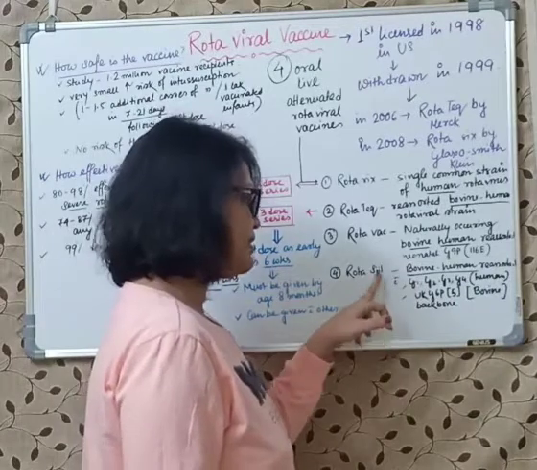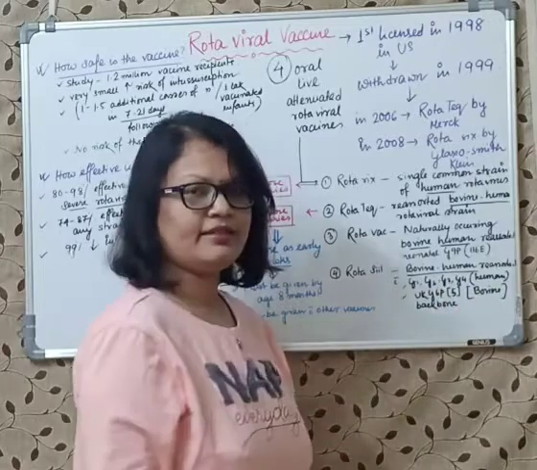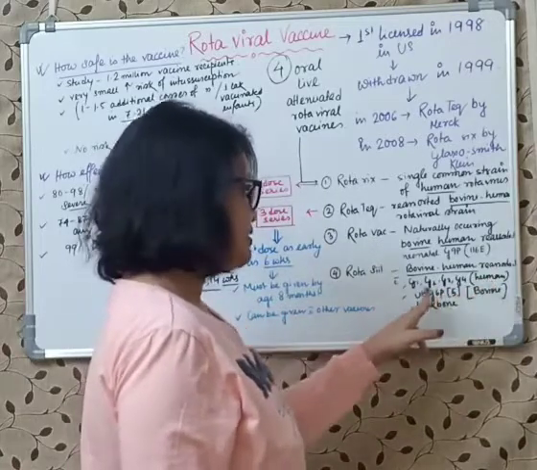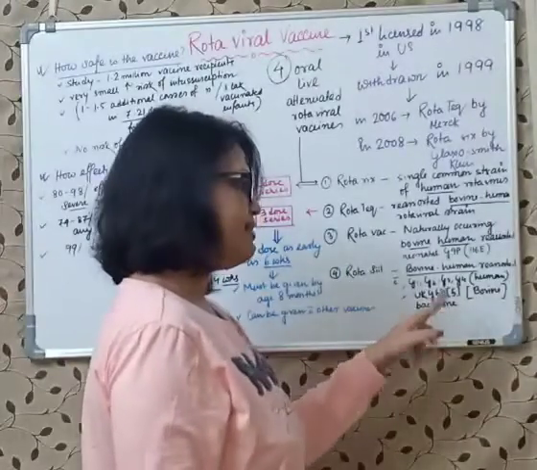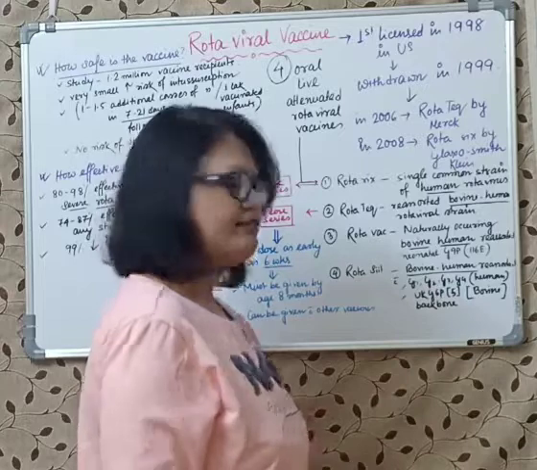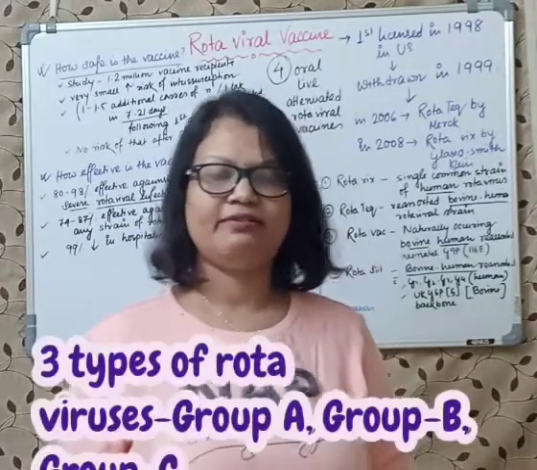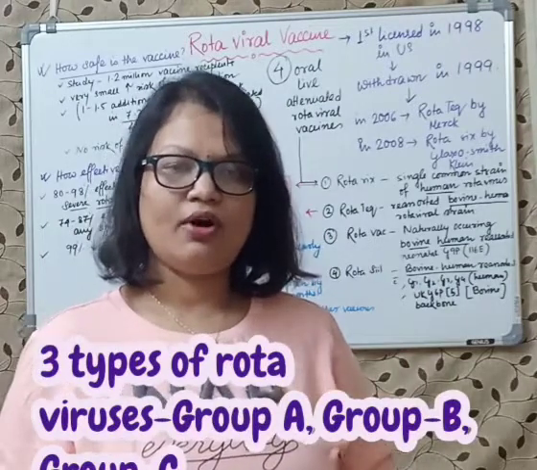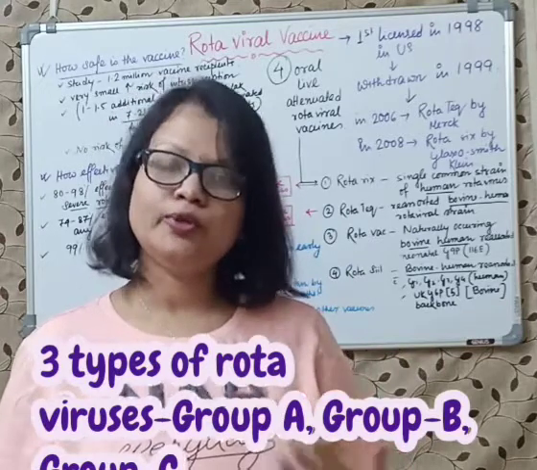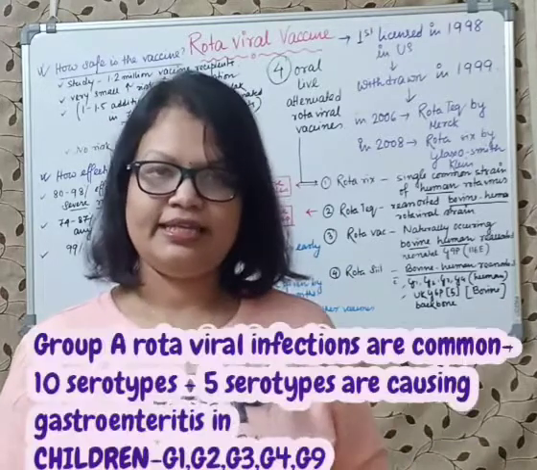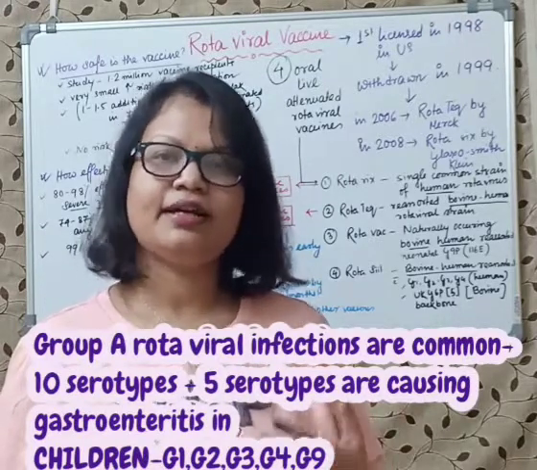Now coming to Rota-Sil. Rota-Sil is also a bovine-human reassortant, having human G1, G2, G3, G4 and bovine UK G6P5 backbone. We all know that there are 3 types of rotaviruses, called Group A, Group B and Group C. Among Group A, 10 serotypes are there, and Group A rotaviruses are very common.